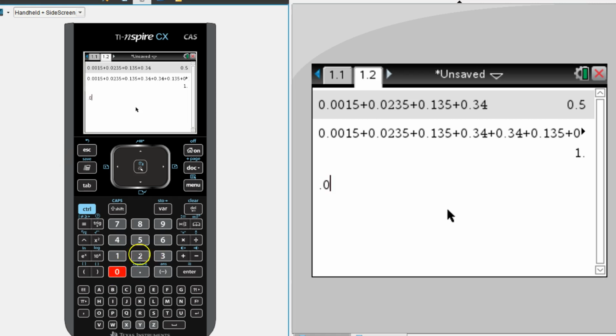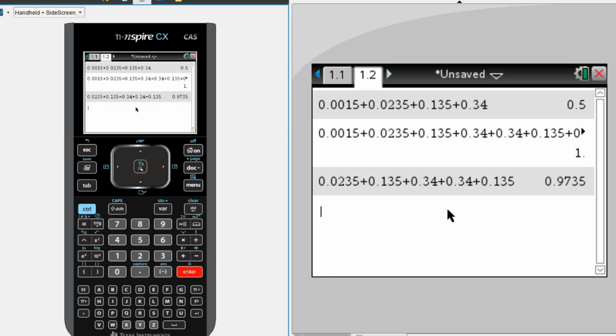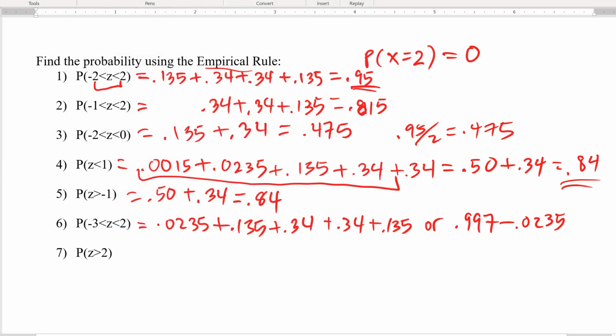But what do we do? 0.0235 plus 0.135 plus 0.34 plus 0.34 plus 0.135. Or I said take 99.7 and take away the piece that's missing. Two ways of getting that same answer. And what was it? 0.9735.